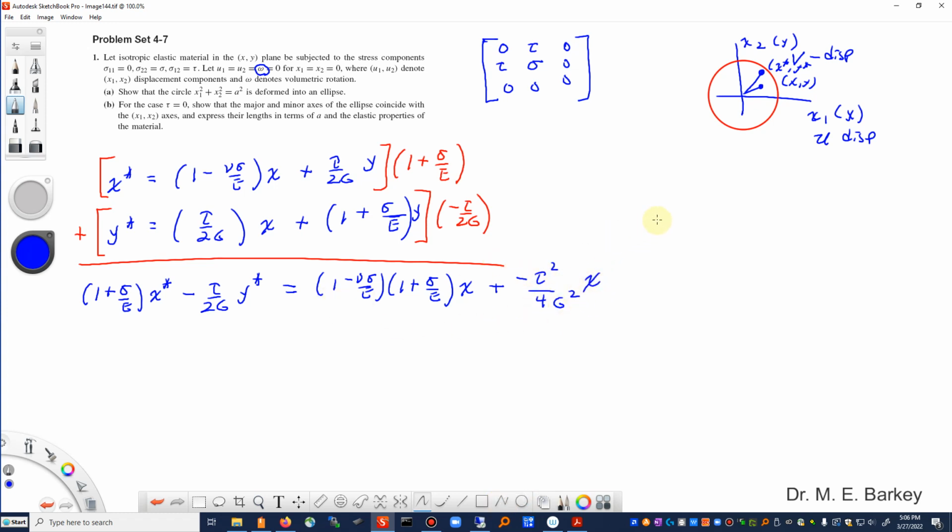So if I solve for x, it is going to be equal to 1 plus sigma over E x star minus tau over 2G y star, divided by 1 minus nu sigma over E times 1 plus sigma over E minus tau squared over 4G squared.